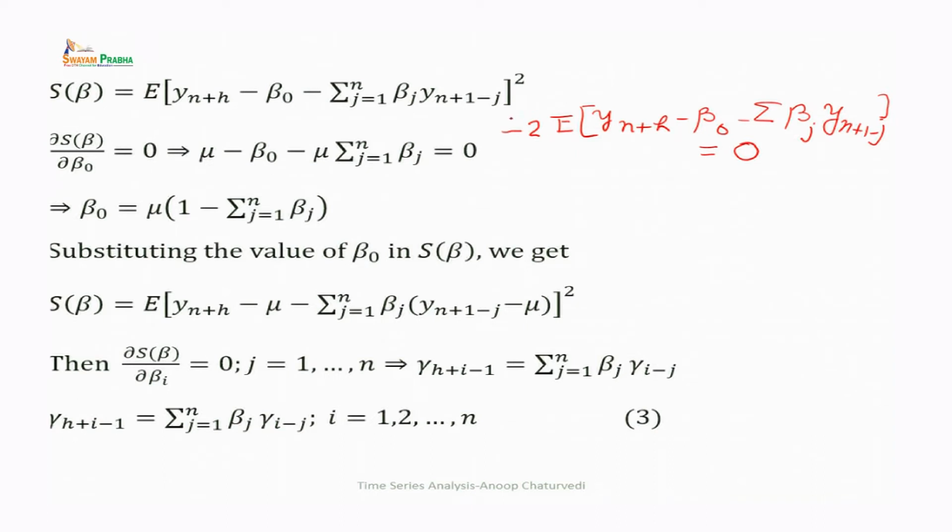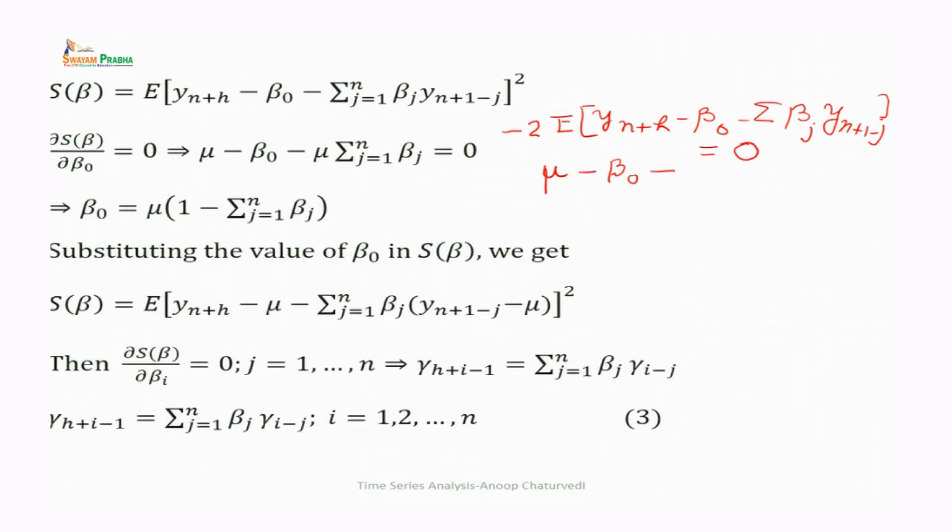Then you take this minus 2 towards the right hand side. Expectation of y n plus h is equal to mu, minus expectation of beta naught, which is beta naught, minus expectation of each of these y's, y n plus 1 minus j, which is again mu, because you have already assumed that the process is a stationary process.